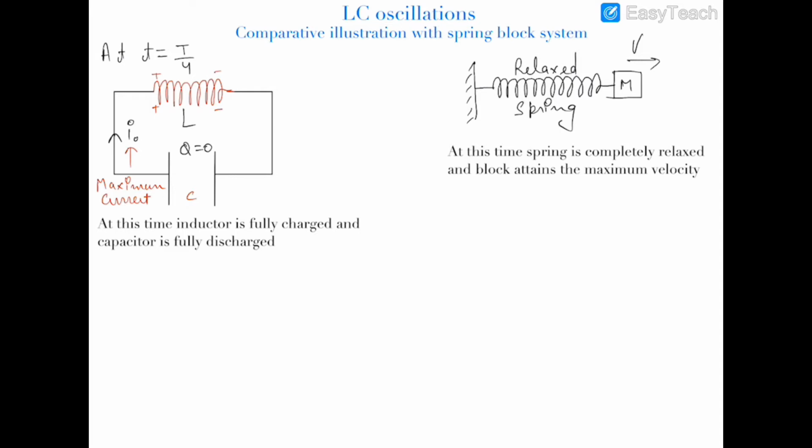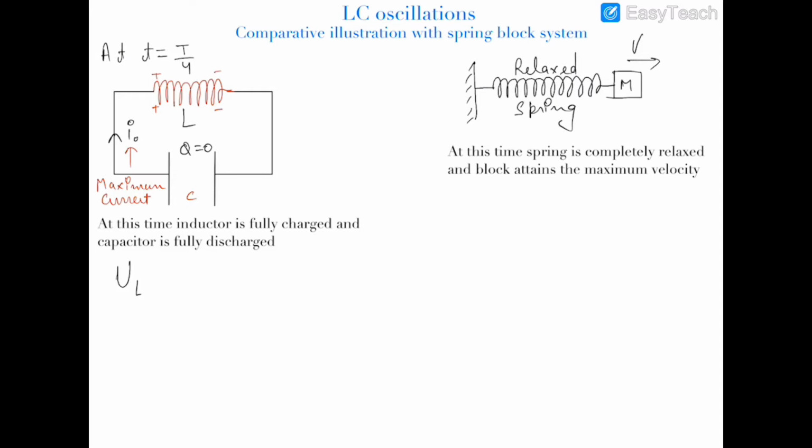So I am talking about the T by 4 instant of the time. At this time, the capacitor has completely transferred its energy to the inductor, and hence the current in the circuit would be flowing at its peak value, maximum value, and the charge across the plates of the capacitor would become 0, and the complete energy is being transferred to the inductor.